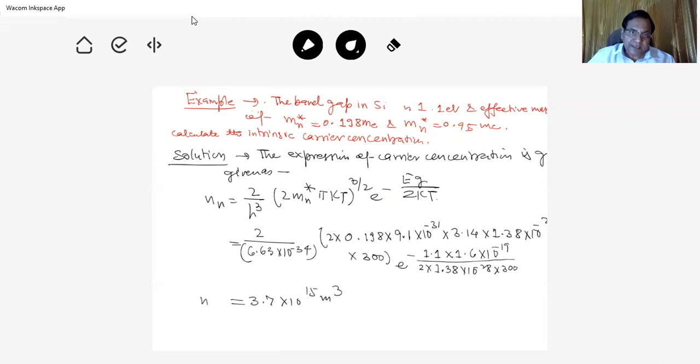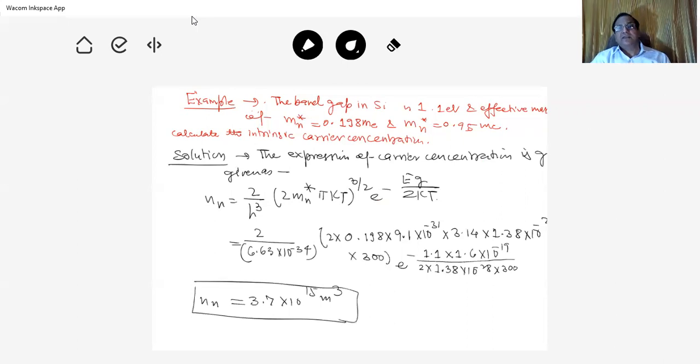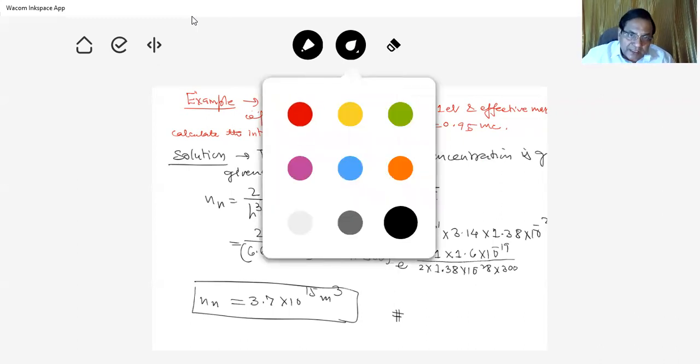So this Nn, that is the carrier concentration of the silicon with this electron volt, is this much. So in this way we can calculate the numerical. And what about the p-type?